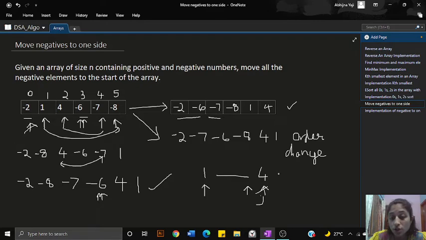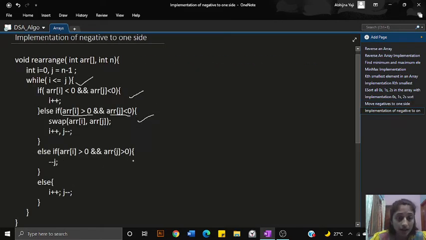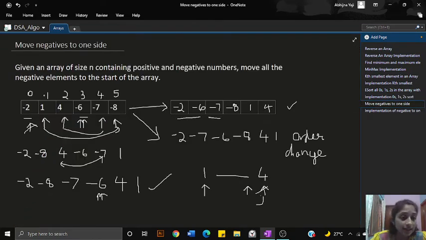I'll only move this because I know for a fact that I need a positive number on the right side. So I'll let it be as it is and move one step to the left. Okay, that is what I've done here. Alright, and then if it doesn't satisfy any of these conditions, then just move both the pointers. Okay, that is what this is. So this will sort the entire array, bring all the negatives to one side, and this is the answer you'll get in this case. Okay, right.